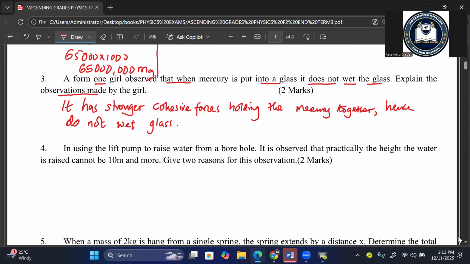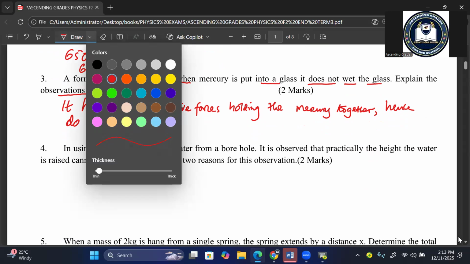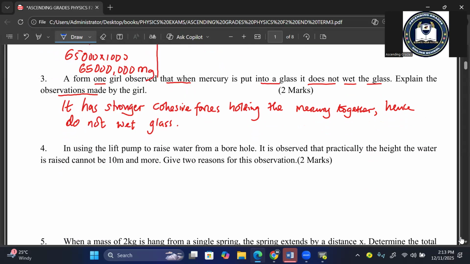Well, in case we want to see some further elaboration, then we shall give an elaboration like this.